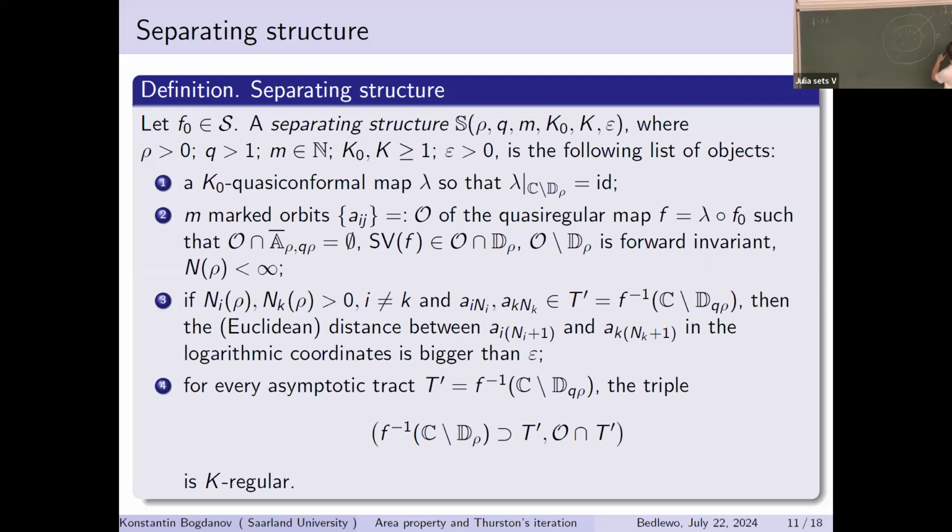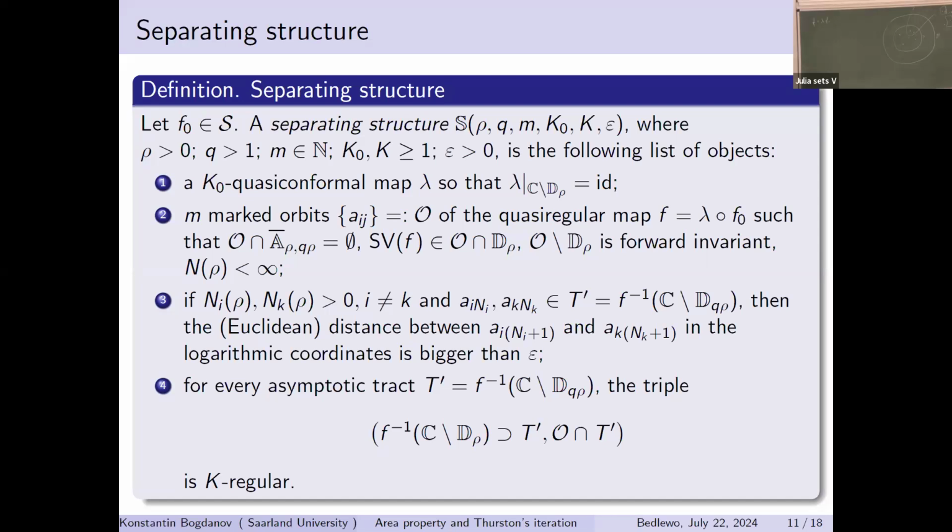So they cannot be too close to each other. And this we require only for these points. We don't care what is happening further, for further points such as N_i plus 2 and N_k plus 2, they should just be outside of the disk.